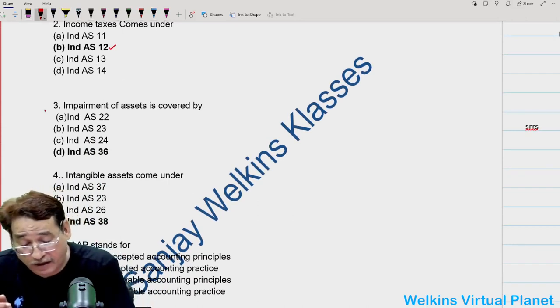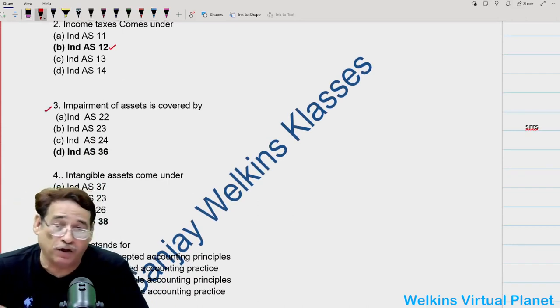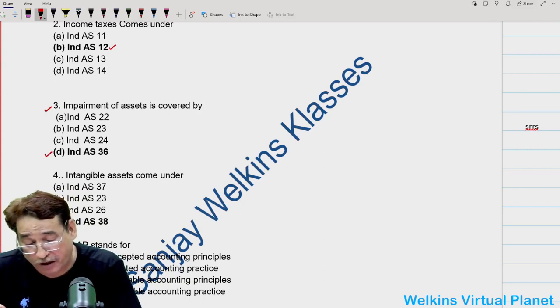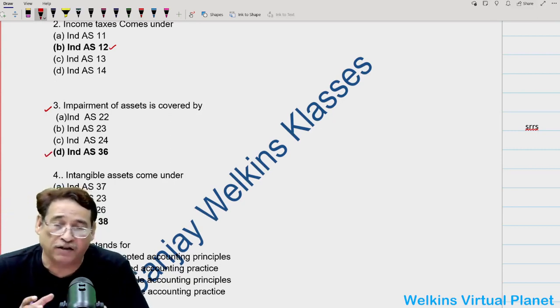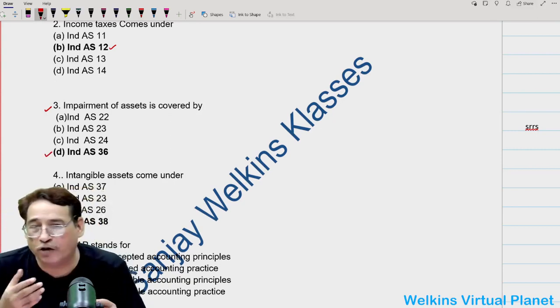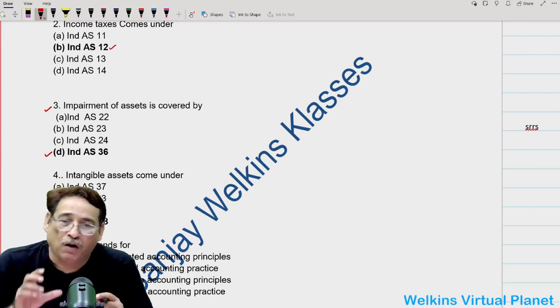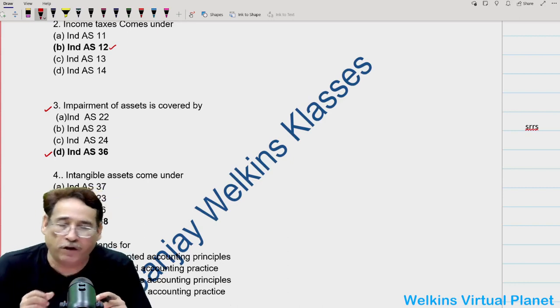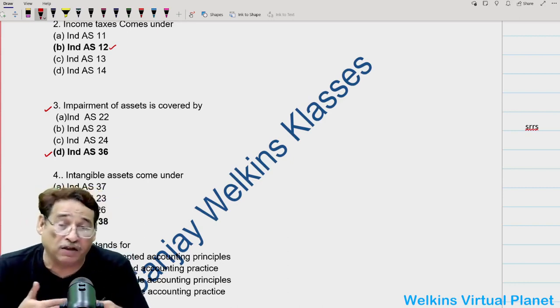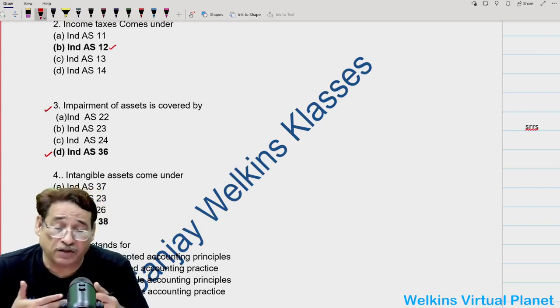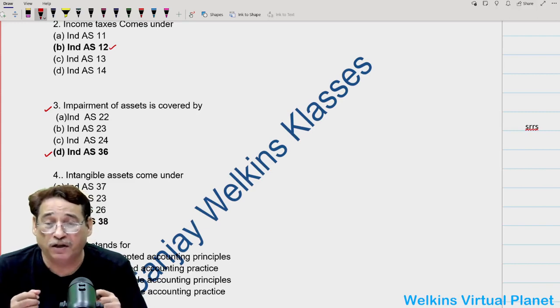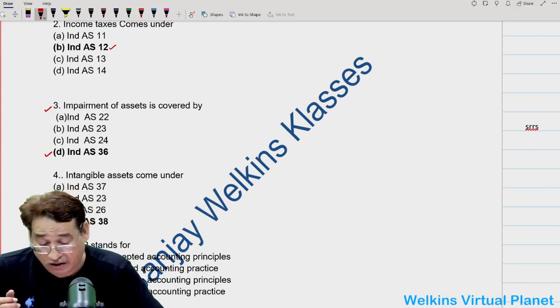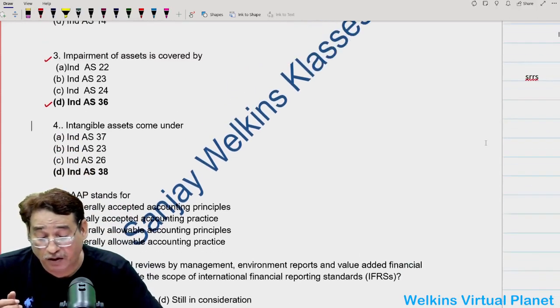Impairment of asset is covered by which particular Ind AS? Your answer should be 36, impairment of asset. Basically, under impairment of asset, what do we do? We take the carrying amount of the asset, then we compare it with the recoverable amount to see whether any impairment has taken place or not, correct? So this is your impairment of asset.